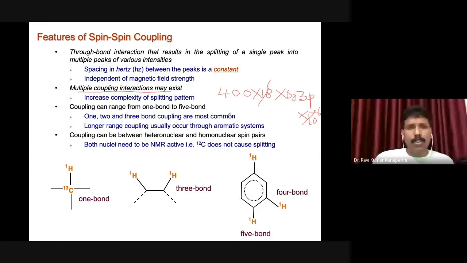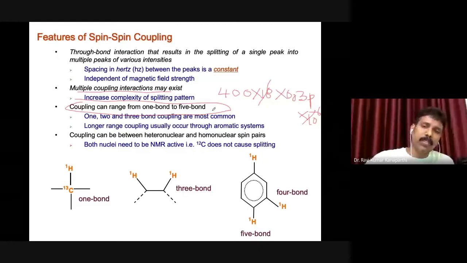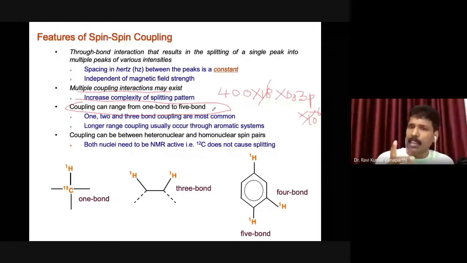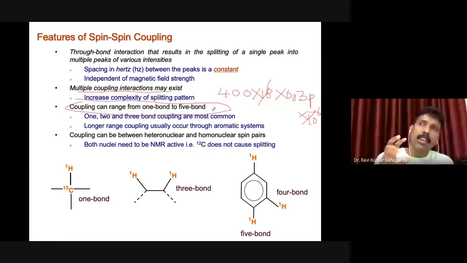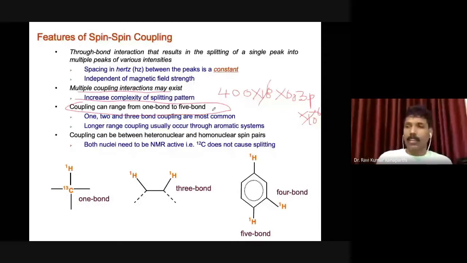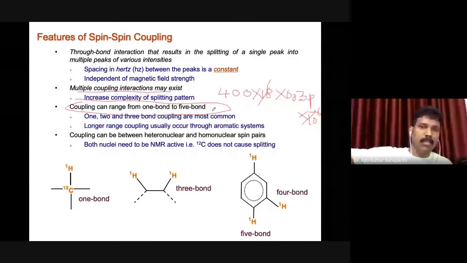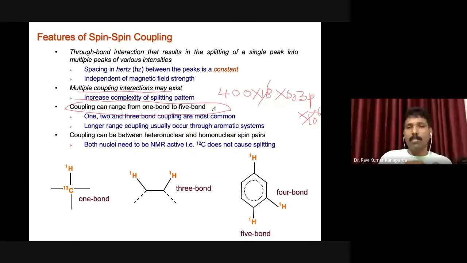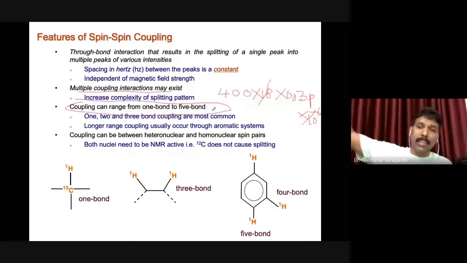Usual coupling constants can range from 1 bond to 5 bonds, but there are very few cases where long range coupling is also seen. I told you very clearly that the coupling happens through the bonds. Therefore, if a nucleus is very far away, you don't expect it to interact with such a nucleus.